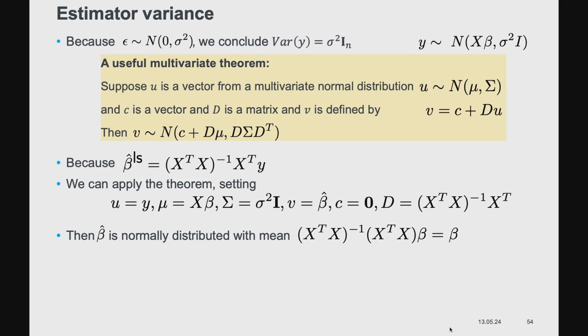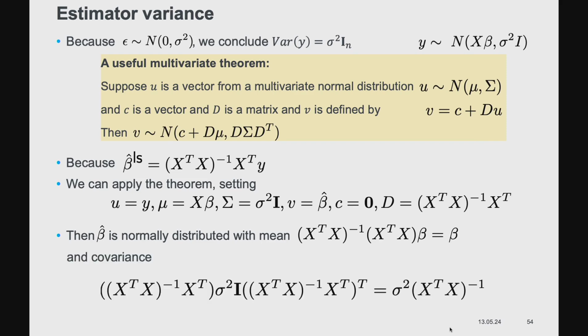Right? The original function is described by beta. We don't know it in general. We do our analysis based on the samples of the data that we have observed. And then the expected mean is the very same. Of course, when we do the sample, it doesn't mean that we actually get the expected mean. We will usually get something close to the expected mean, and how close is determined by the covariance.